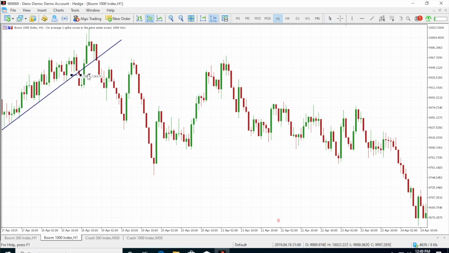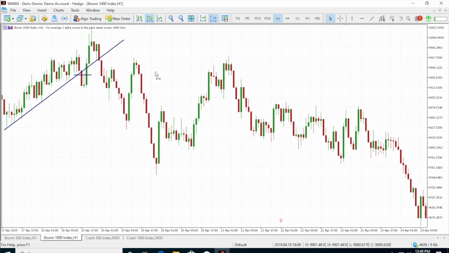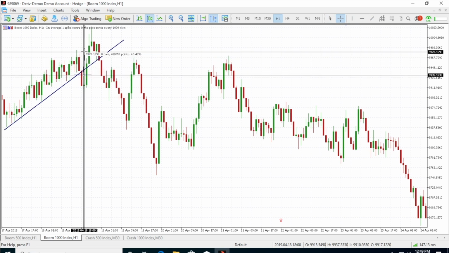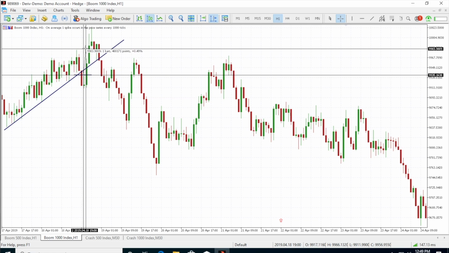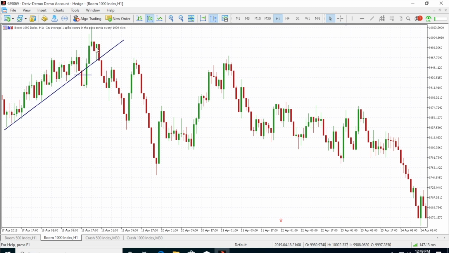So you enter here, the market moves against you. Where are you going to put your stop loss? If you enter here, you're going to put probably like 43 points. That means $43 on 0.5 lot size. If you put your stop loss above here, you'll be stopped out. So it's better to wait for retest.